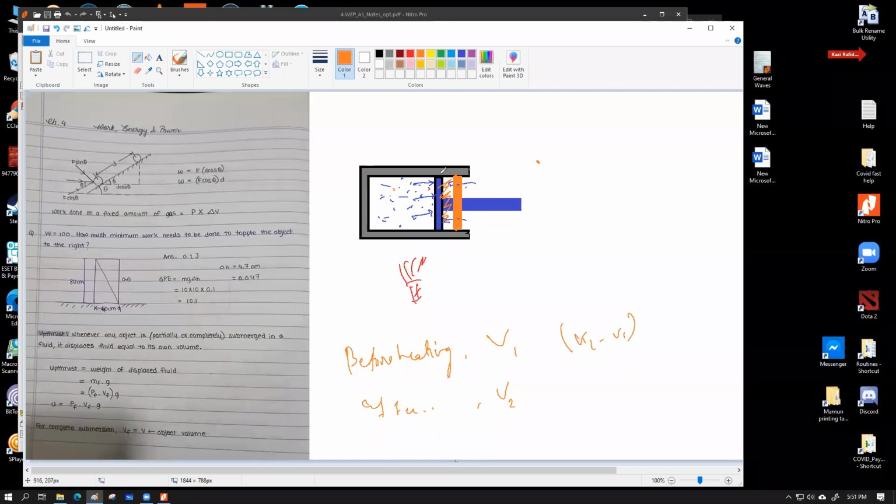Because the gas did push out the atmospheric particles, we say work was done by the gas on the atmosphere. Work was done by the gas on the atmosphere, because the atmosphere got pushed up, and that pushing was made by the expansion of the gas.